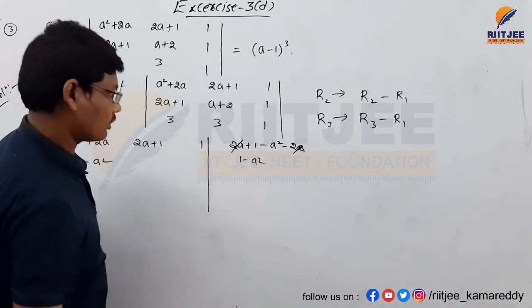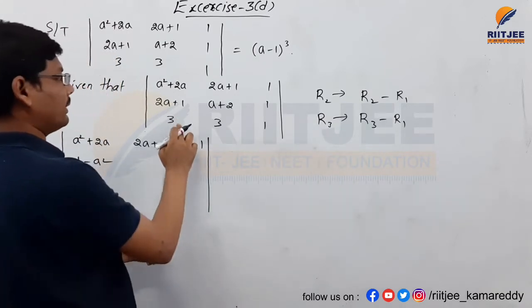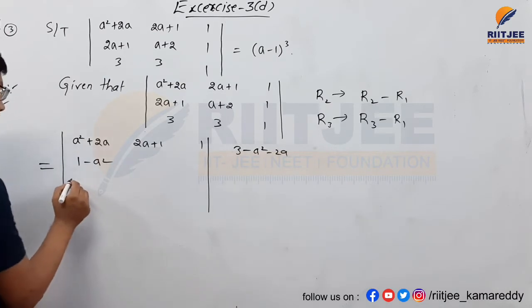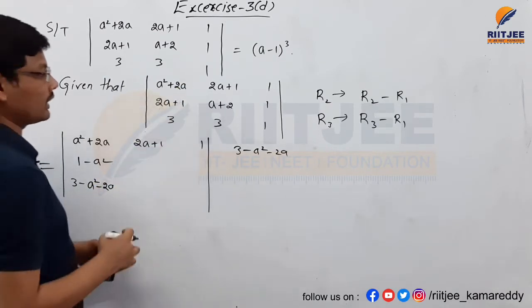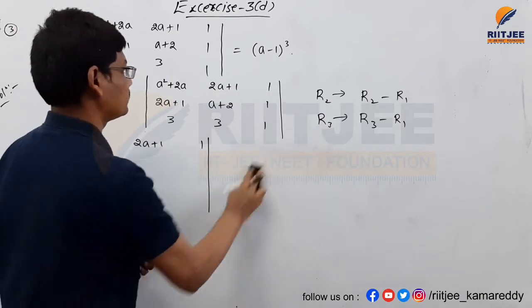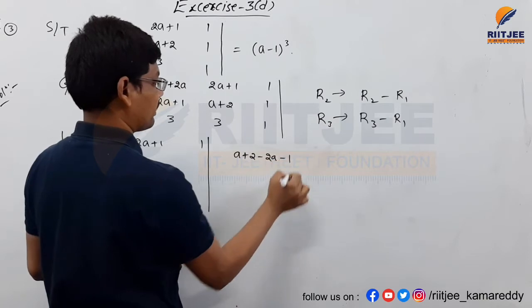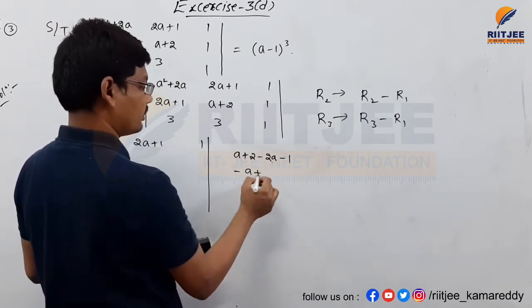And next one, 3 minus a square minus 2a, here minus applied to all the terms. And next one, a plus 2 minus 2a minus 1. So a minus 2a, that is minus a, 2 minus 1 is 1 here.